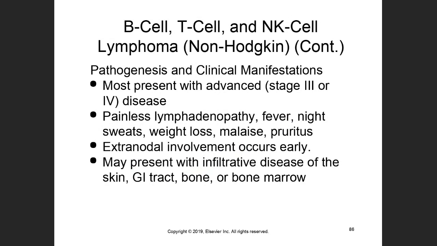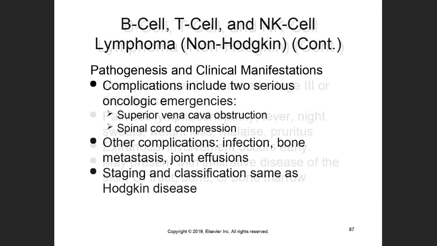Most present with advanced stage, that's stages 3 and 4. Painless lymphadenopathy is the same. All those diseases have the same painless lymphadenopathy, fever, night sweats. The main difference is when you do the cytology, when you get the blood smear and you see under the microscope that you identify the cells.